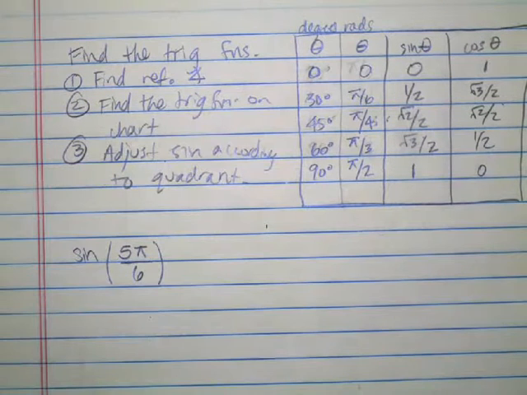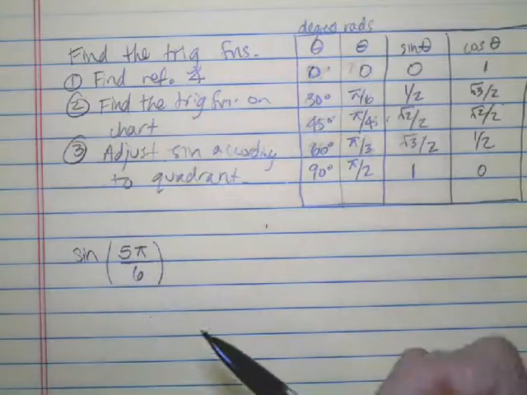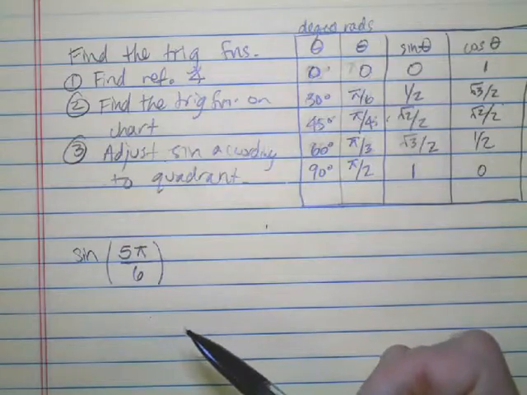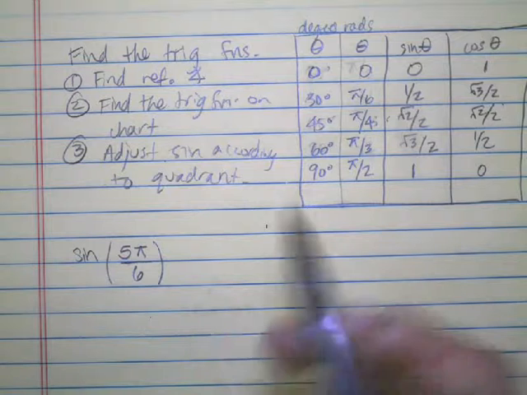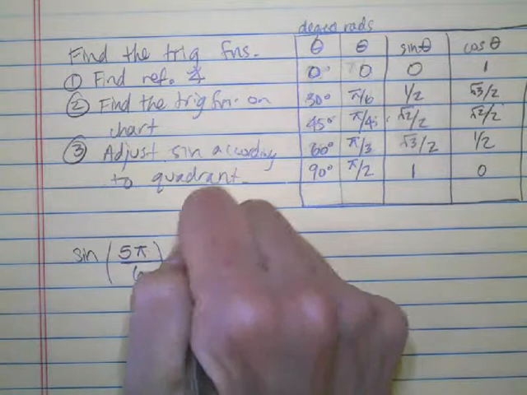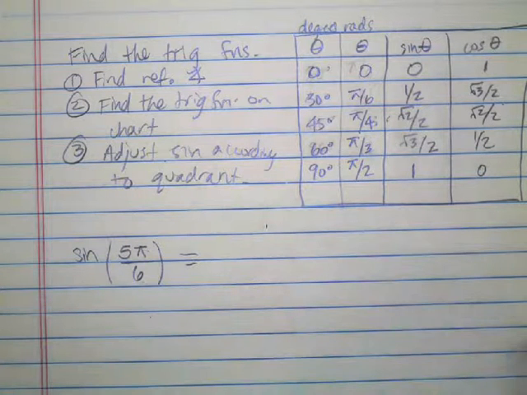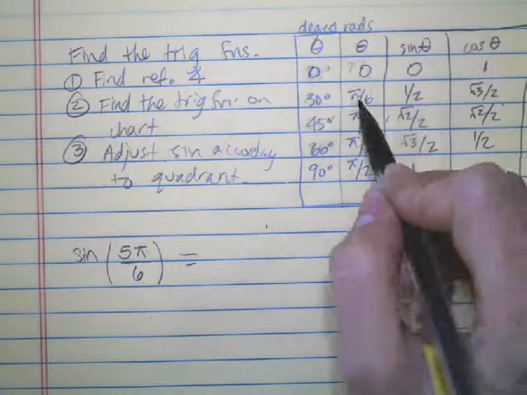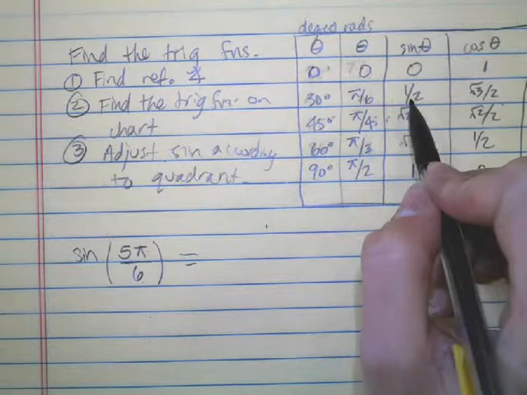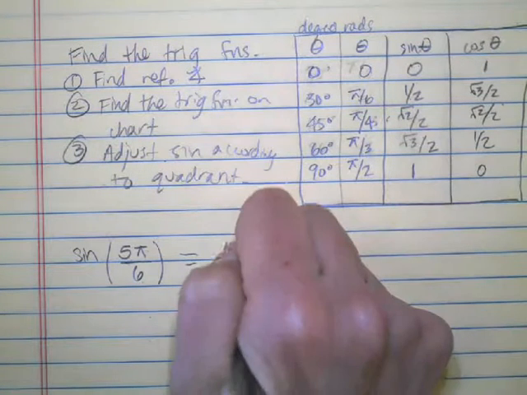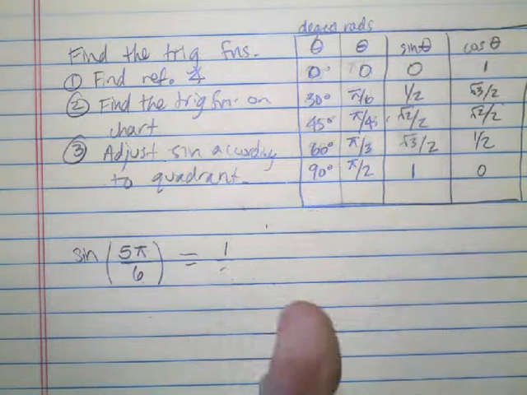To find the reference angle for radians, it was easy. It was just what? Pi over 6. Right, pi over the denominator. So, we're looking for sine of pi over 6. So, pi over 6 is right here, and sine of pi over 6, we follow the chart, is just 1/2. So, we say 1/2.